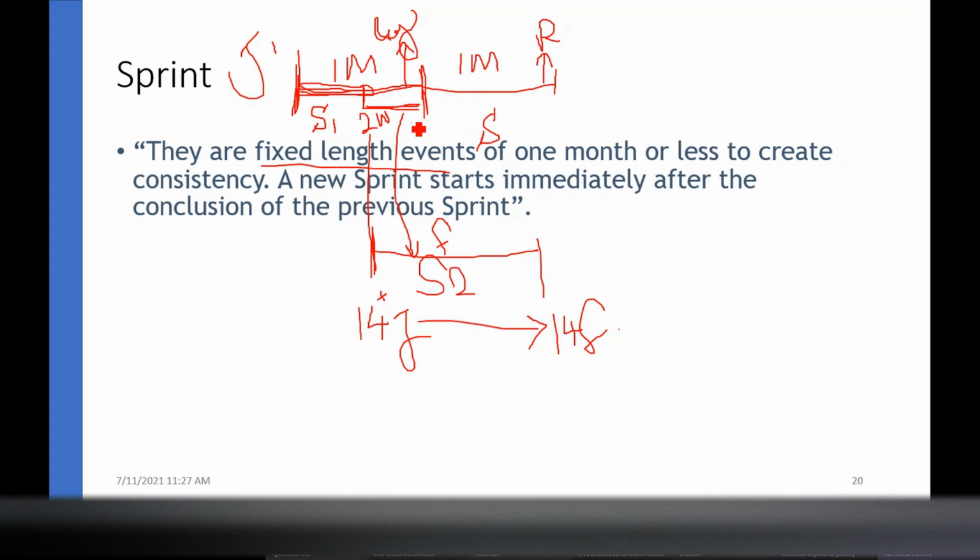Now what is the benefit for the sponsor, or the product owner? The product owner is the person who is giving or providing the requirement for us. What is the advantage for the customer?